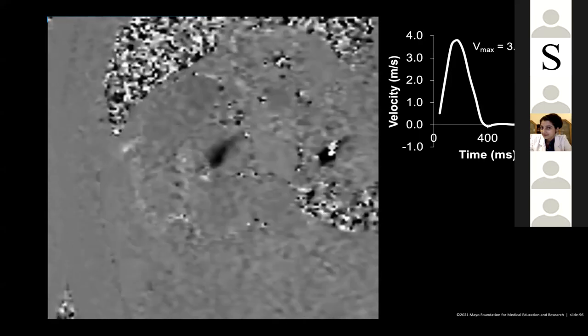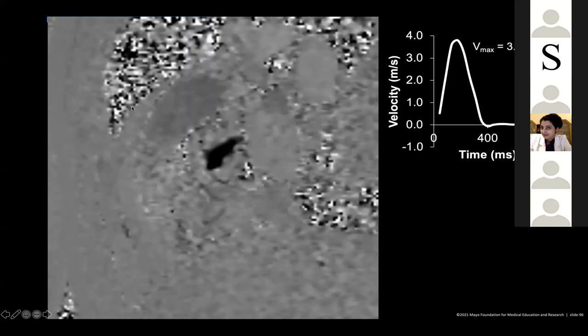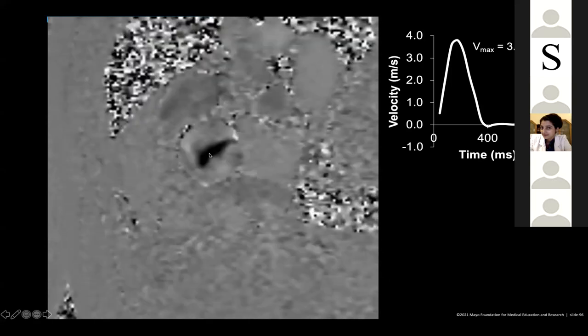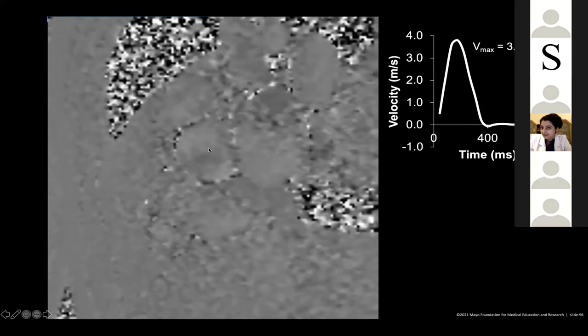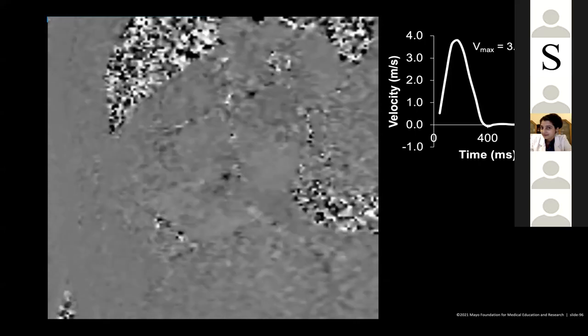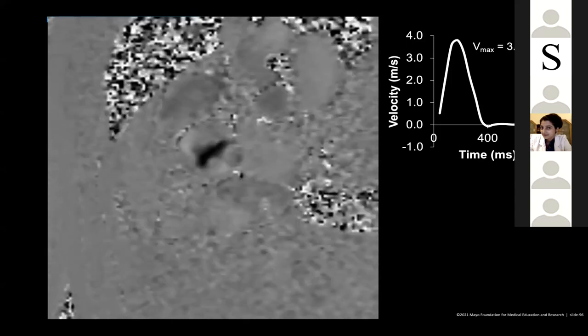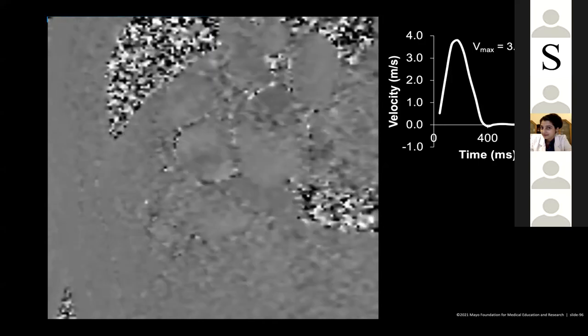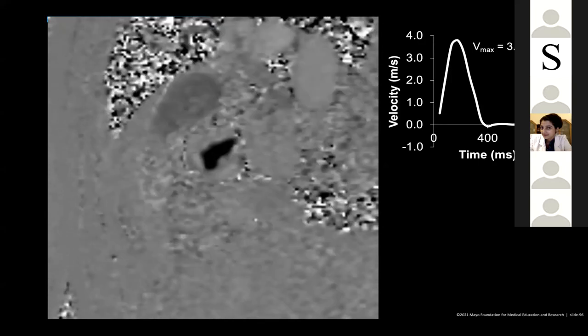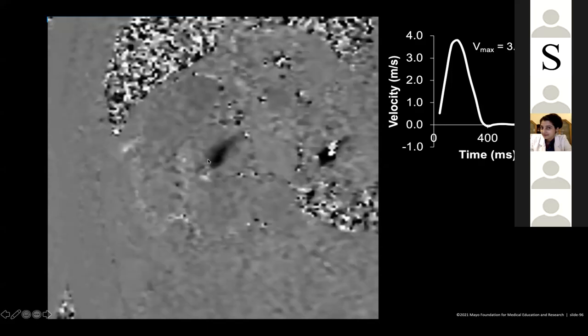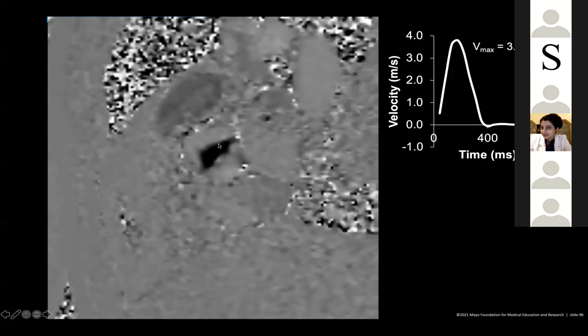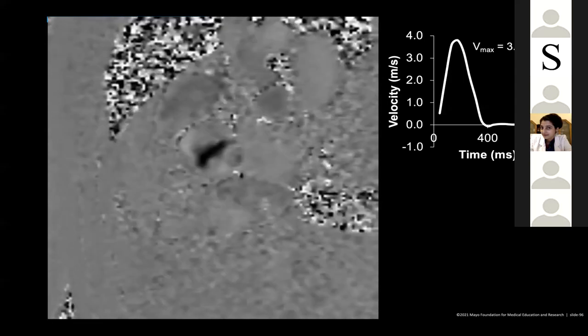And so the clue that this is forward flow, that it's systole, is that the valve is opening. And so the valve has to be open during systole. It does not have to be open during diastole. It shouldn't be open during diastole. And so the fact that we are only seeing black signal is one clue that this is happening during systole.